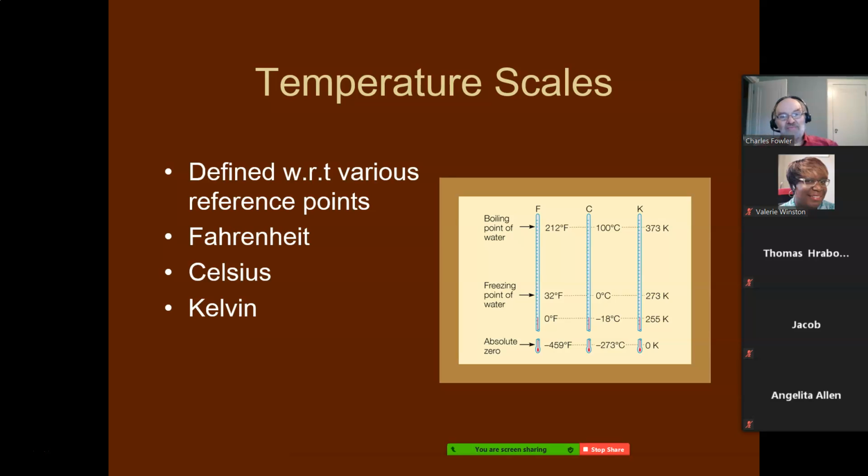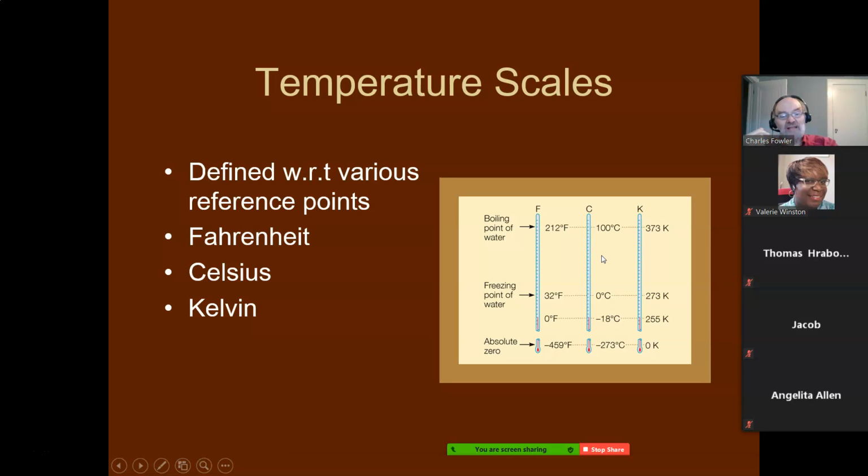Don't worry about the Rankine scale. We're not going to mess with it. But here you see those relationships. 180 degrees difference, delta T in Fahrenheit, is the same as 100 delta T in Celsius, which is the same as 100 delta T in Kelvin as well. This is the one that's 9 to 5.